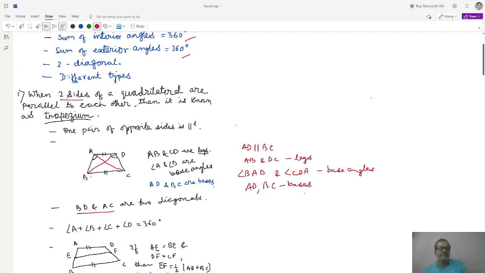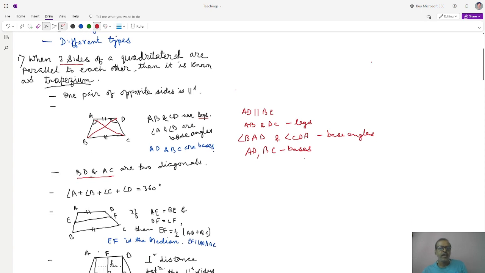And already I told that the sum of interior angles of a quadrilateral is equal to 360 degrees. Since trapezium ABCD is basically a quadrilateral, therefore the sum of the interior angles A, B, C, D is equal to 360 degrees.